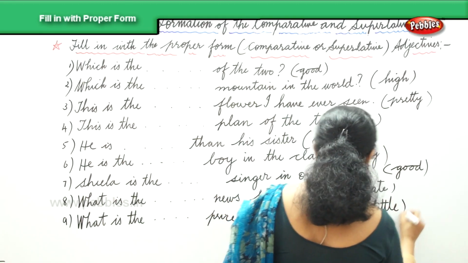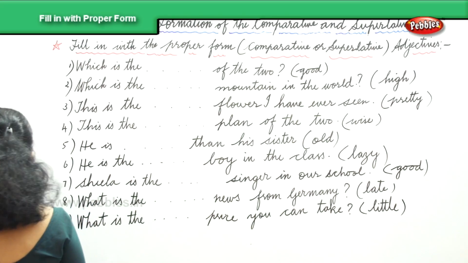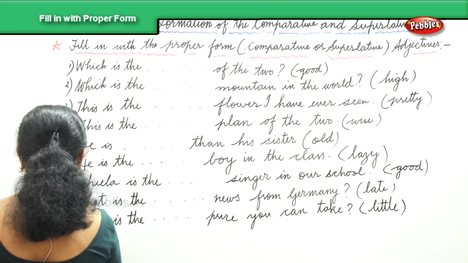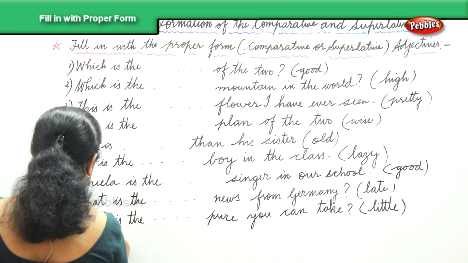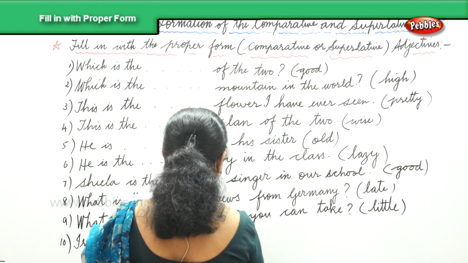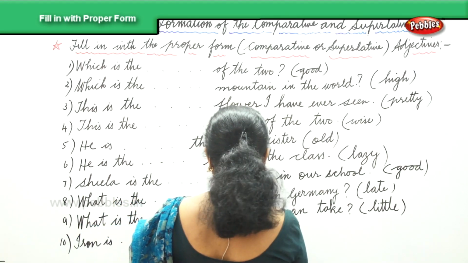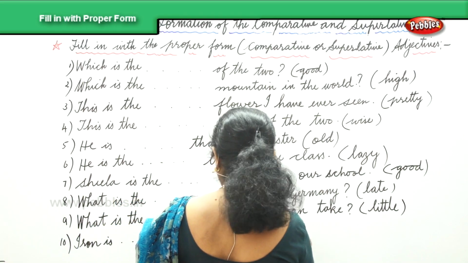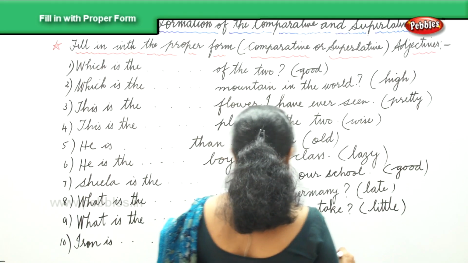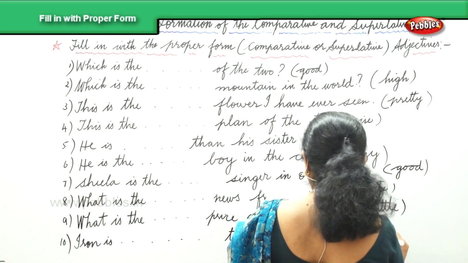And one more sentence we'll do. The 10th sentence is: iron is dash than any other metal. And the word given is useful.